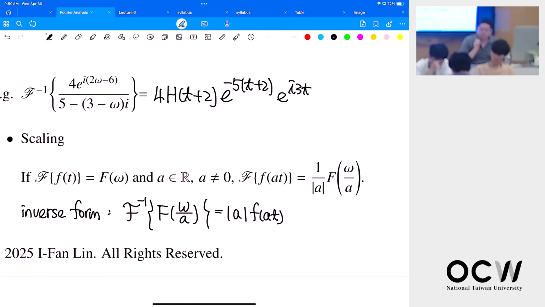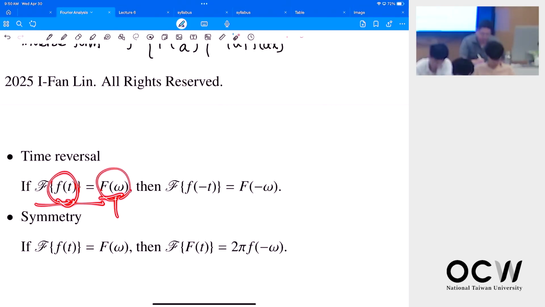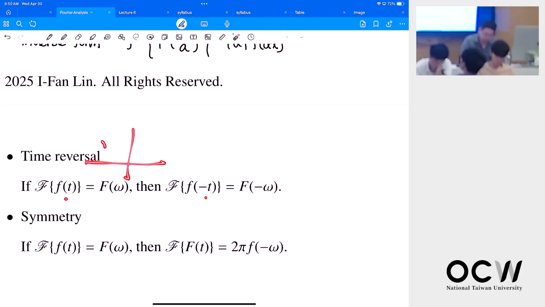All right, next one, time reversal. If this is my Fourier transform pair, the function in time and the function in frequency domain. Now, if I flip in time domain, if I have a function like this and I flip, it becomes this one.